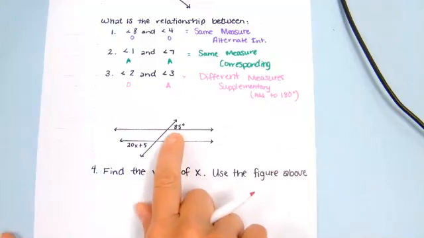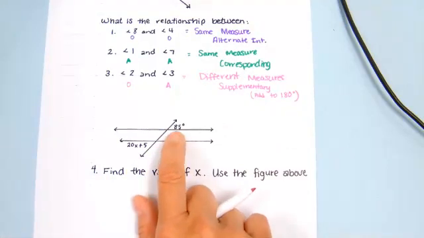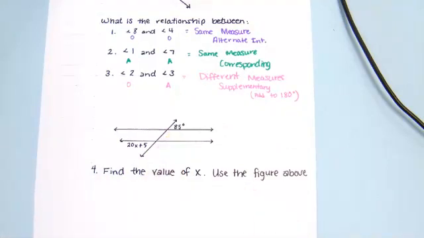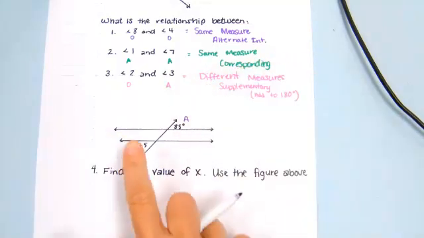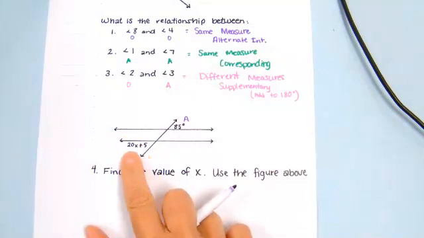I like to start with, if there's one that's an actual degree, this one's 85, is that going to be obtuse or is that acute? Raise your hand if you know this time. Go ahead, John. Acute.